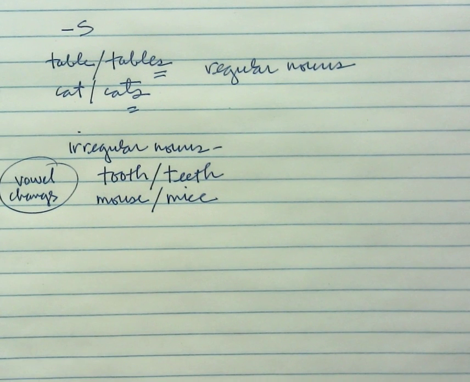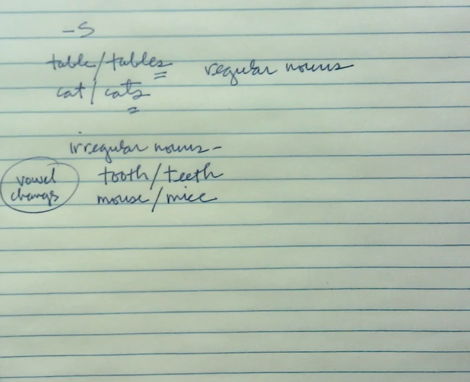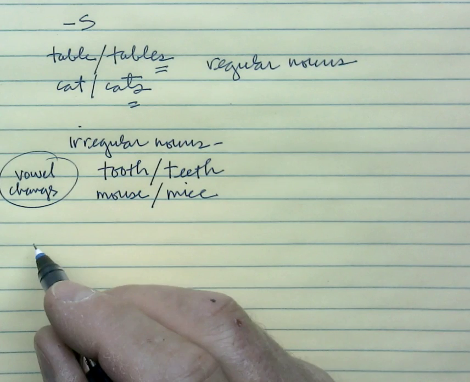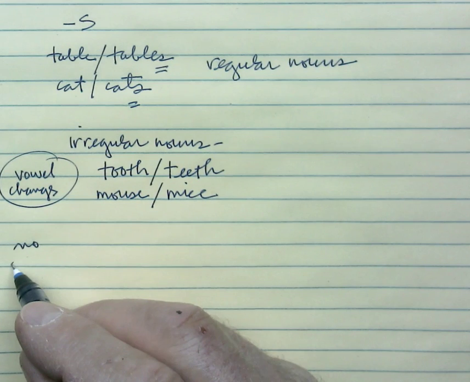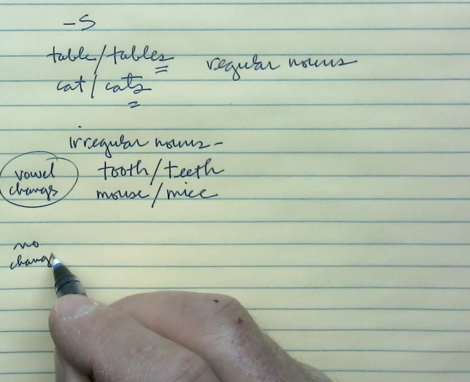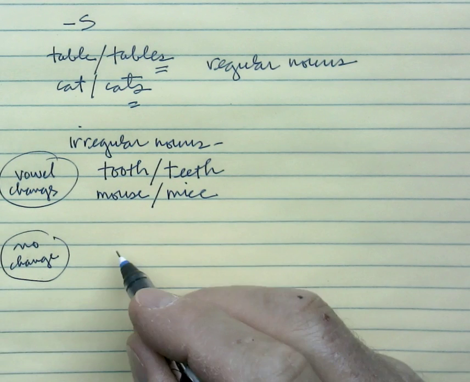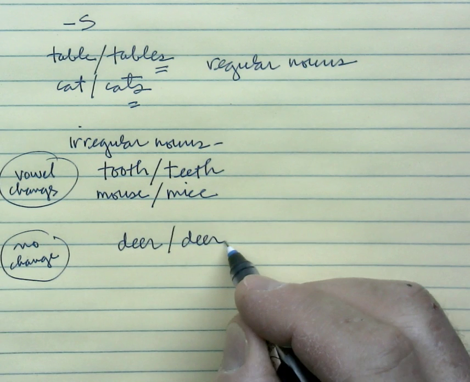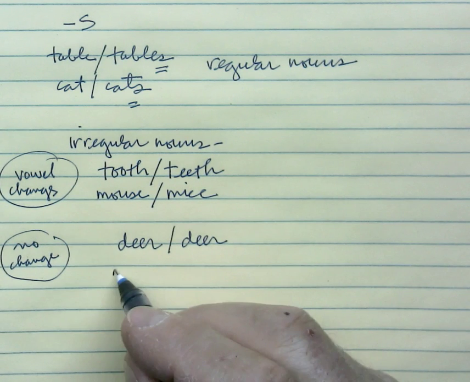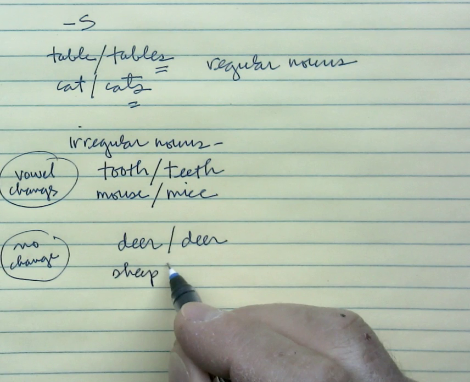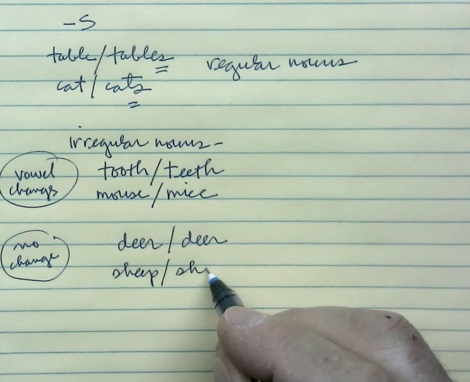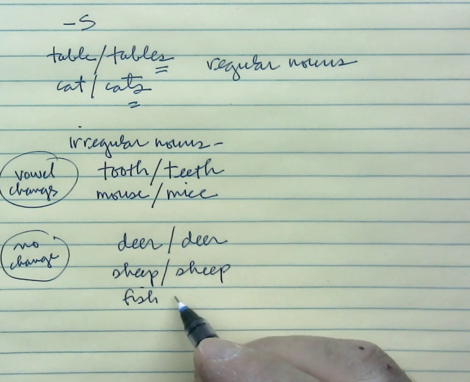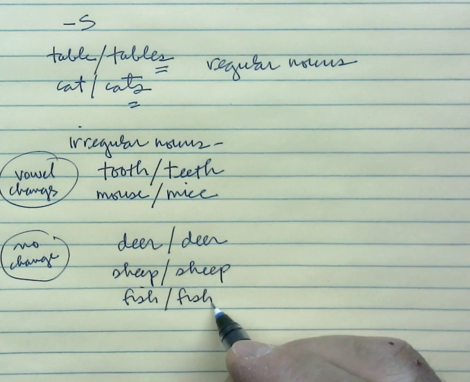Okay. Now, other irregular nouns actually have the same singular and plural forms. So in other words, there's no change. For example, 1 deer, 2 deer, 1 sheep, 10 sheep, fish, many fish.